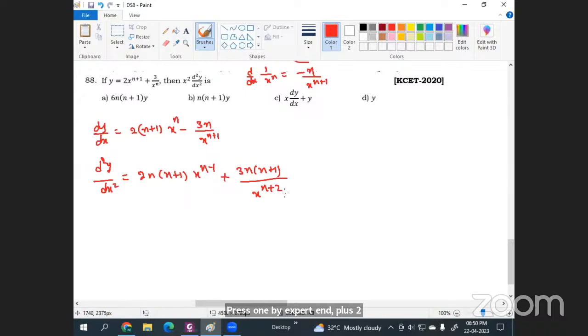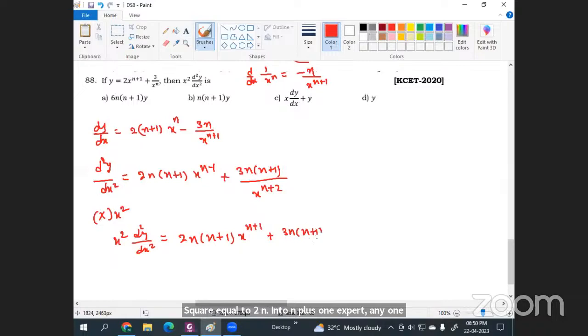Right? Now multiply with x square. Then x square into d square y by dx square equals 2n into (n plus 1) x power n plus 1 plus 3n into (n plus 1) by x power n, so that x square will get cancelled.